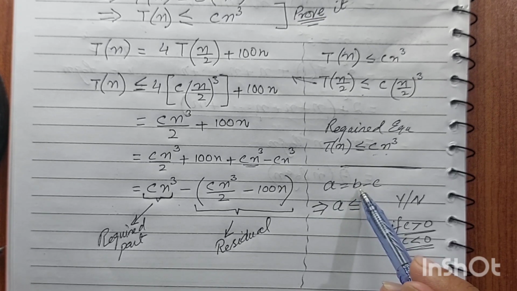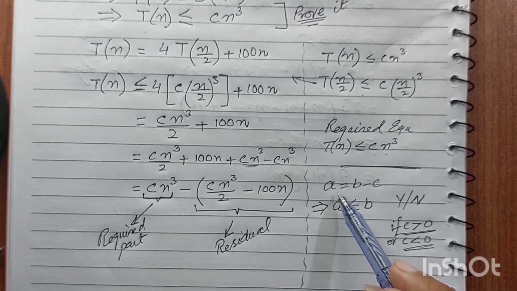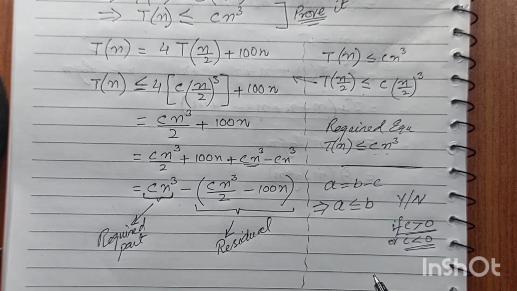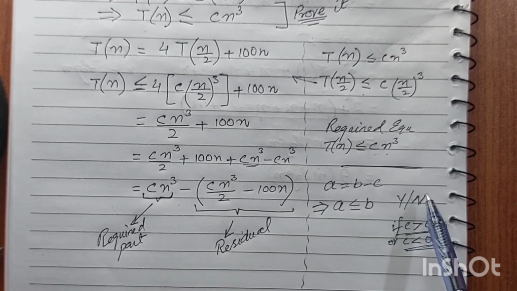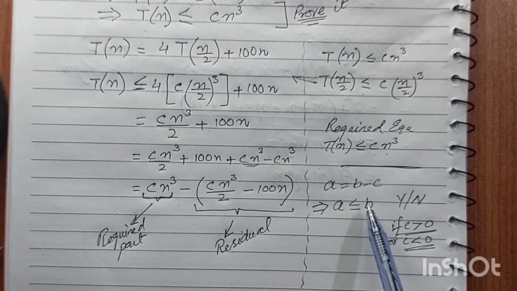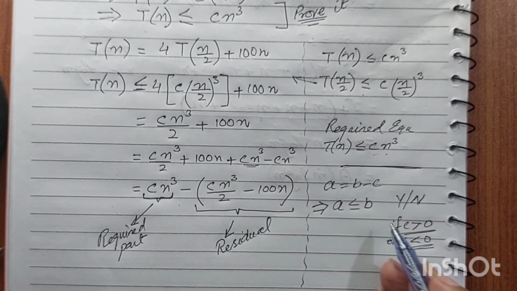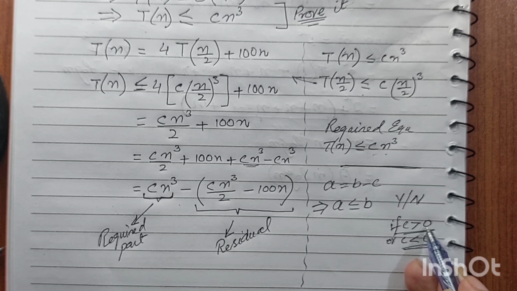So it means b alone is not enough for a, so a is less than b, then it would be the other way around. So here you can see that A is less than or equal to B if and only if C is greater than or equal to 0. Hopefully you can understand this thing.